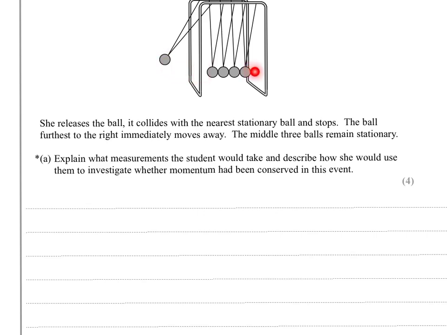And then you could do that in reverse. The kinetic here would give us an estimate of the potential, because the potential made here is telling us the kinetic it had here. So you would have to make some measurements of the masses of the balls and use conservation of energy to work out their velocities here and here, and that would allow you to then do a calculation to see if momentum was being conserved. Okay.